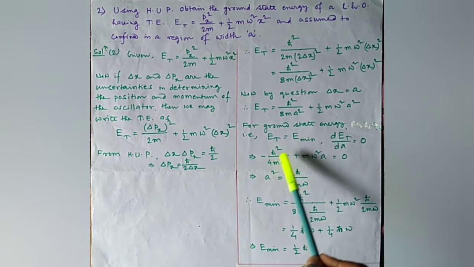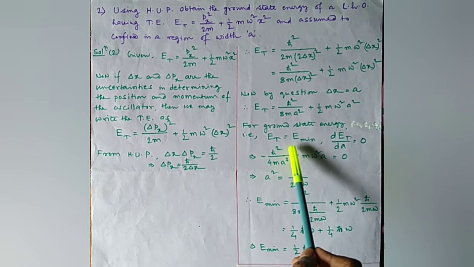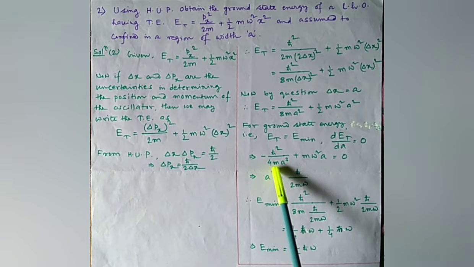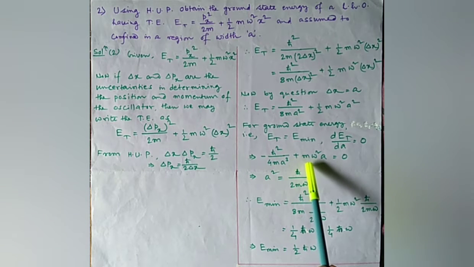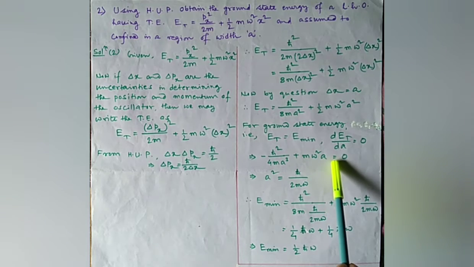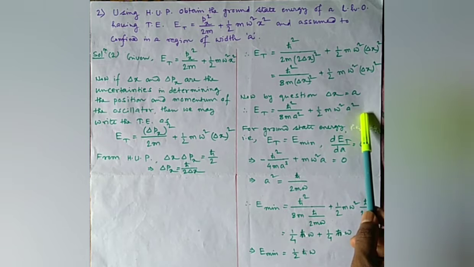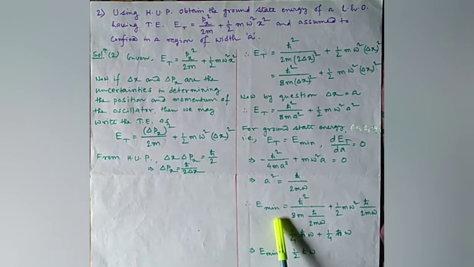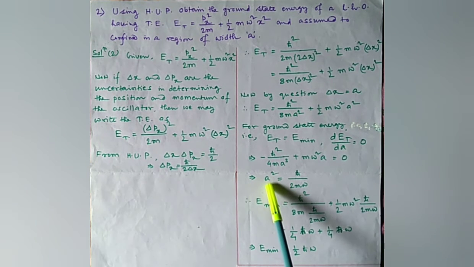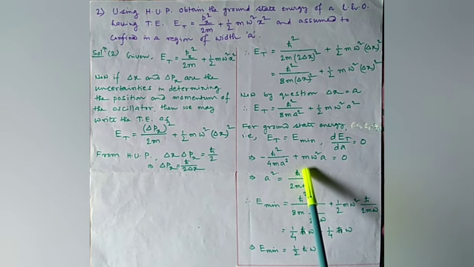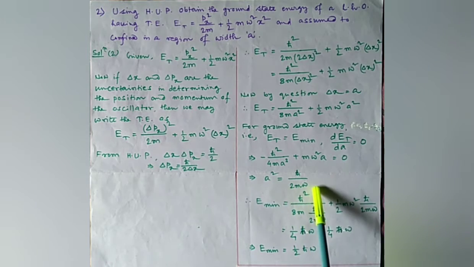From this relation we get minus h bar square by 4m a cube plus m omega square a equals 0, or a square equals h bar by 2m omega.